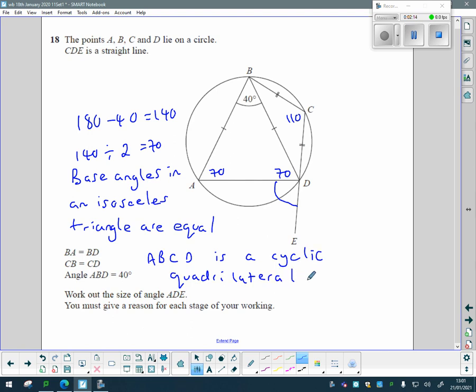And in a cyclic quadrilateral, opposite angles add up to 180 degrees.